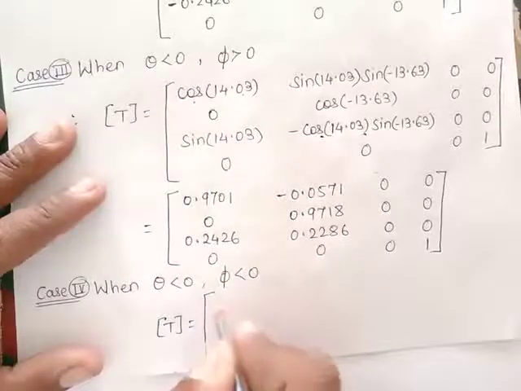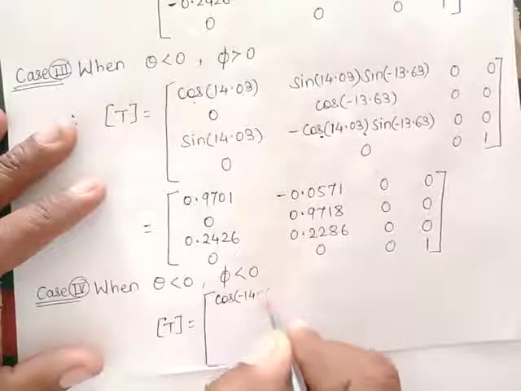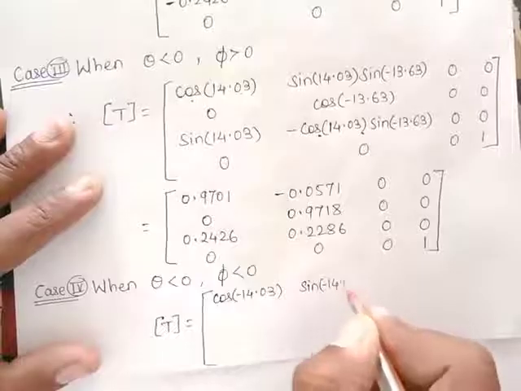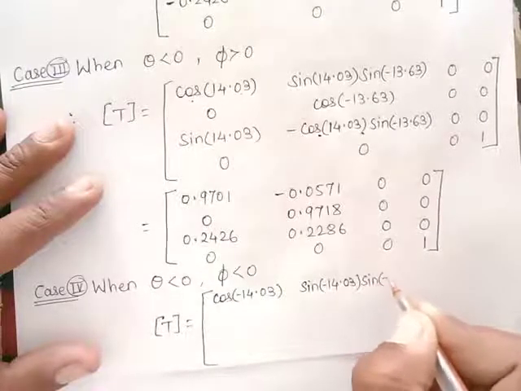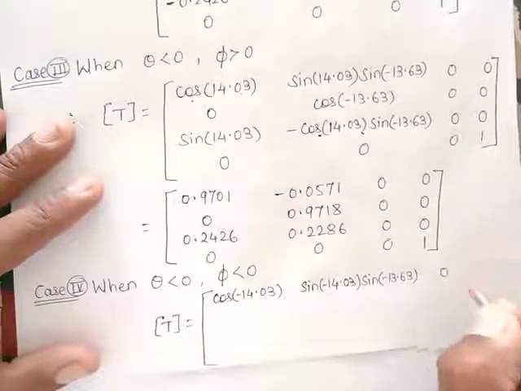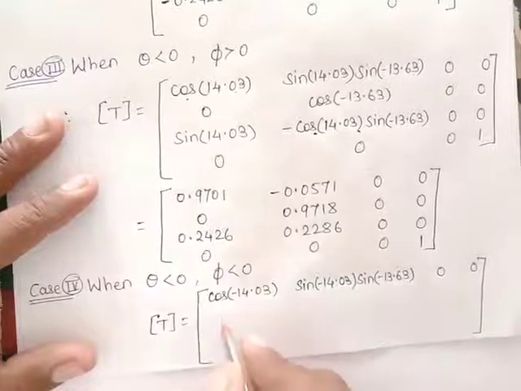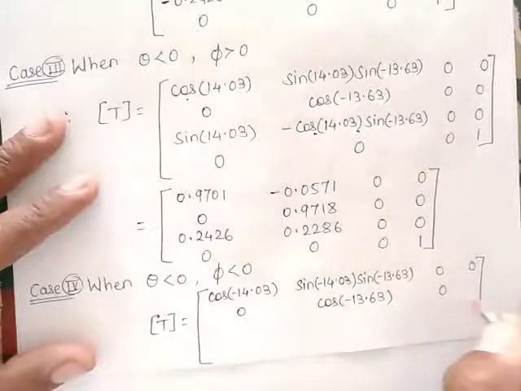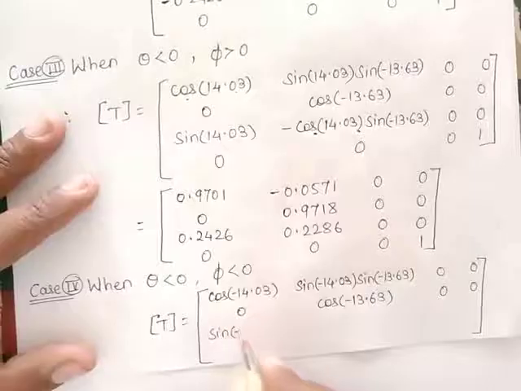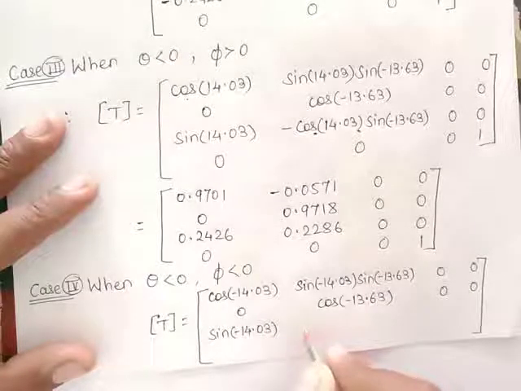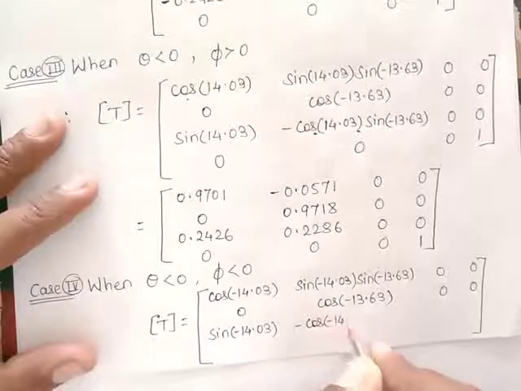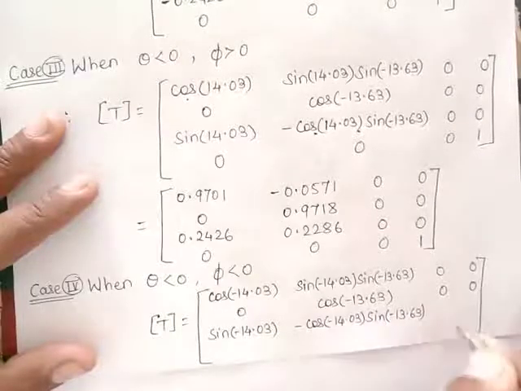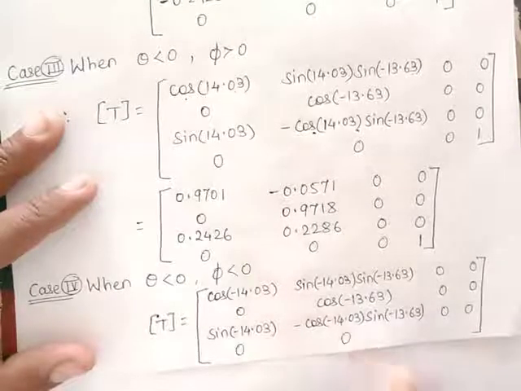T will be cos of minus 14.03, here sin of minus 14.03 into sin of minus 13.63, 0, 0, right? 0, cos of minus 13.63, 0, 0, sin of minus 14.03, minus cos of minus 14.03 into sin of minus 13.63, 0, 0, right? 0, 0, 0, 1.